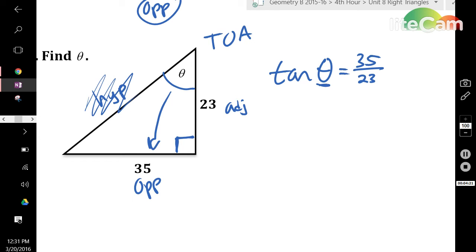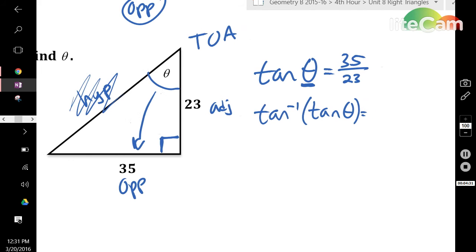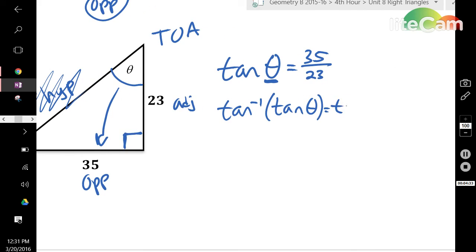So we want to solve for theta. So we're going to do inverse tangent on both sides. And that way the inverse tangent sort of cancels out, and you're left with theta.